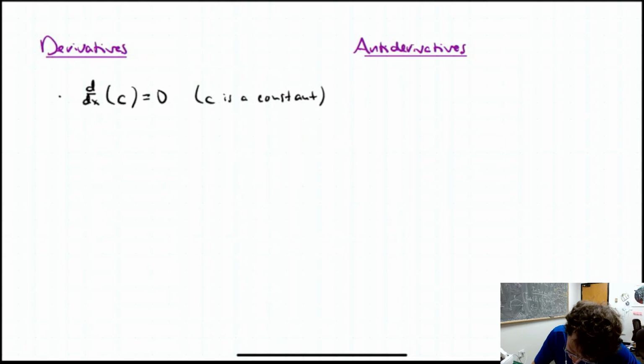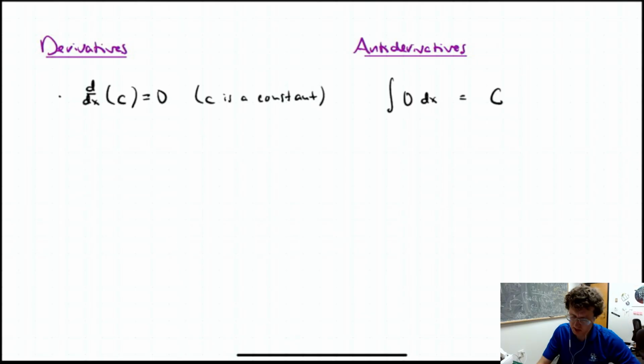And the corresponding fact for antiderivatives would be that the integral of 0 is just c. The plus c is the only part of this. There's nothing else besides the plus c.